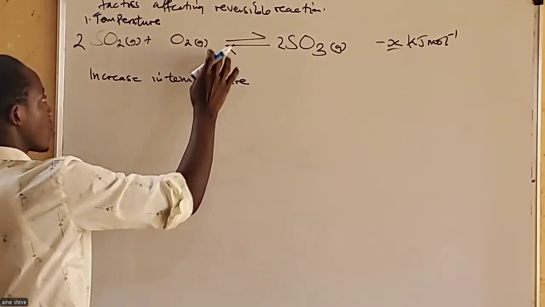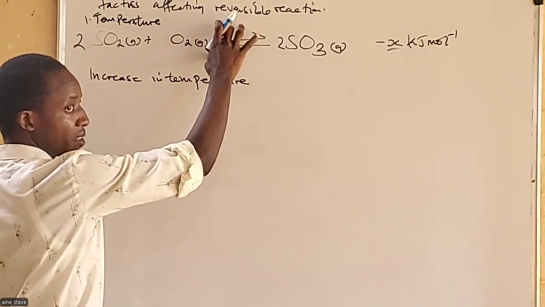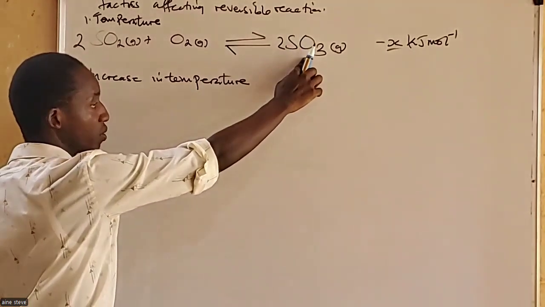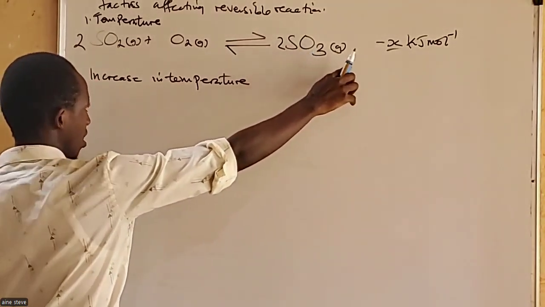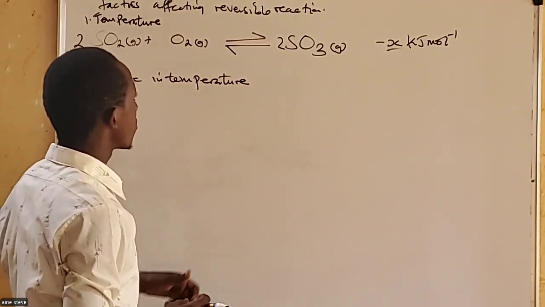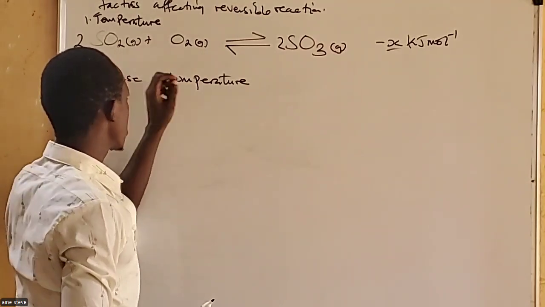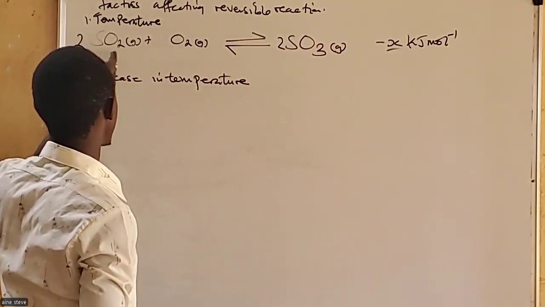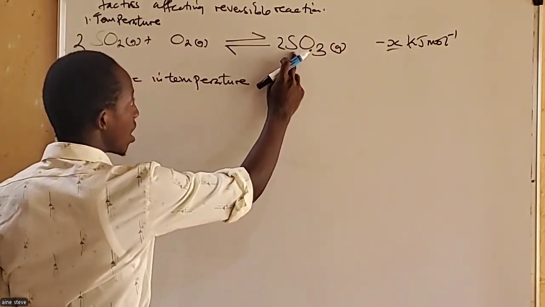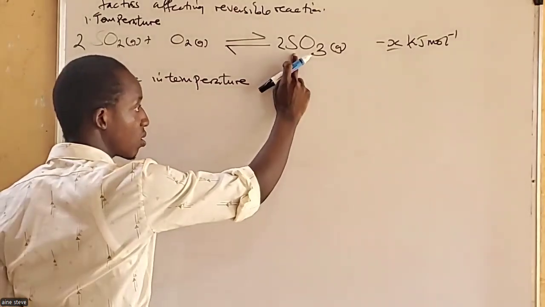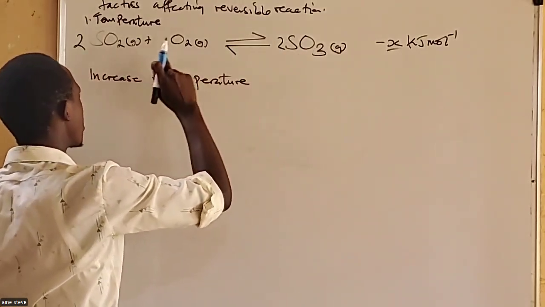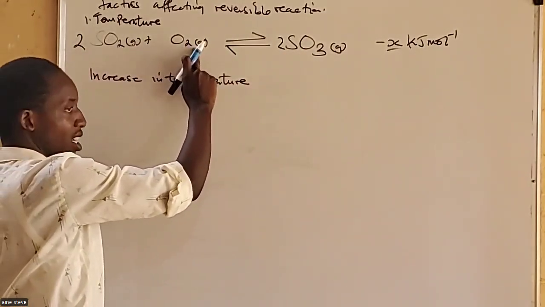because in these equations we are given questions to give the effect of increase in temperature on the yield of sulfur trioxide. So you realize that since the forward reaction is exothermic, when you increase the temperature, increase in temperature will favor the backward reaction, meaning that the level of the sulfur dioxide decreases, meaning that the sulfur trioxide is going to decompose to give us sulfur dioxide and oxygen gas.